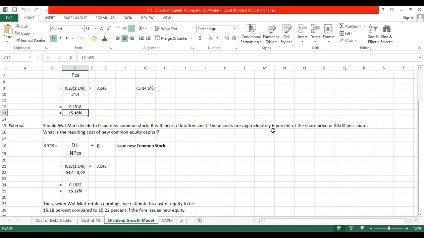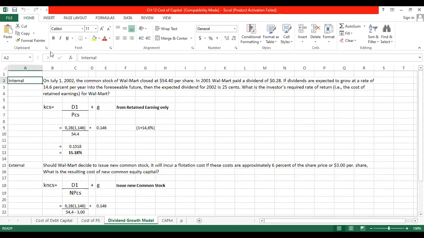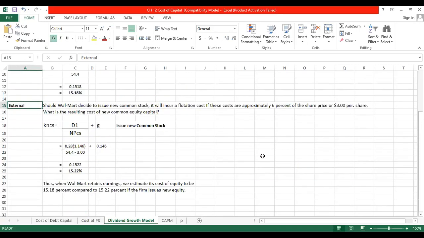The second one, remember, this is internal. This is external. The external means you have to get money from an external investor. So let's say that Walmart decided to issue new common stock, then it will incur a flotation cost. If the flotation cost is 6% of the share price or 2%, what is the resulting cost?